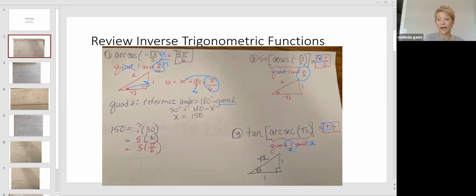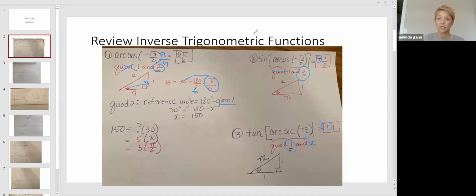How did I get the number answer? I built the triangle. Now remember, I really need a fraction, but I can put any number over 1. So remember what secant is. Secant is hypotenuse over adjacent. So the hypotenuse was the square root of 2, the adjacent was 1. I used Pythagorean theorem to get that number. So now I just need the tangent of this theta right here. Well, what's tangent? Tangent is opposite over adjacent, and 1 over 1 is where I got the 1 answer.